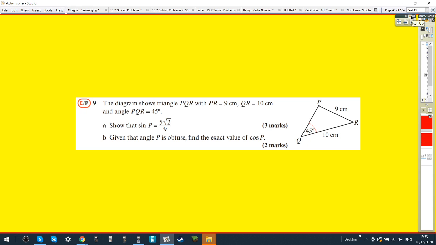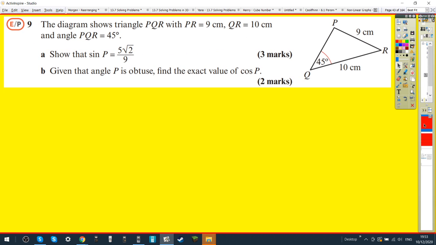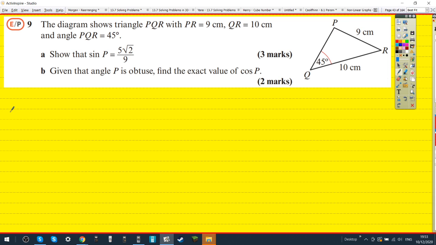Okay. Let's do this one. So would you use a sine rule for this?